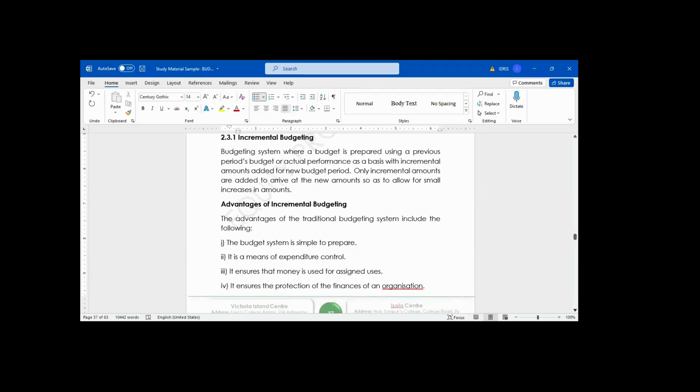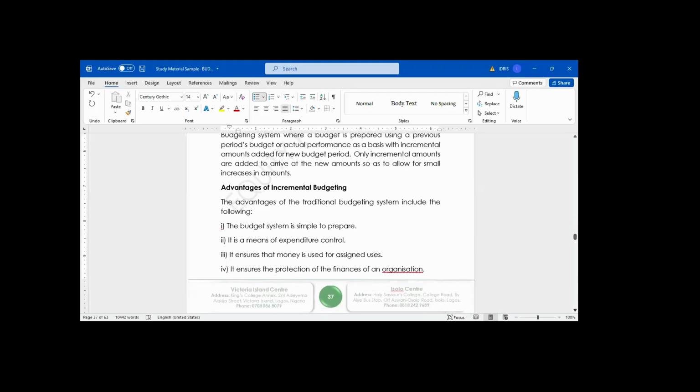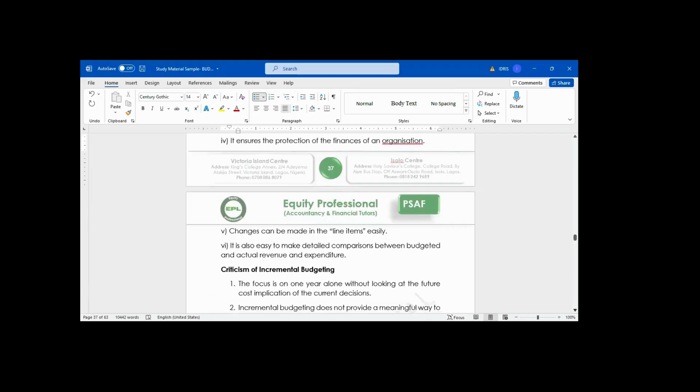Another one is that it is a means of expenditure control. We use it to control our expenditure, to cut down our costs. That is one of the advantages of incremental budgets. Incremental budget also ensures protection of the finances of an organization.